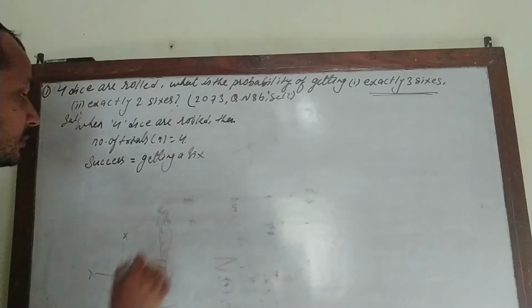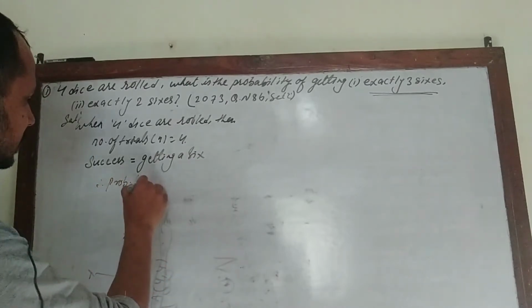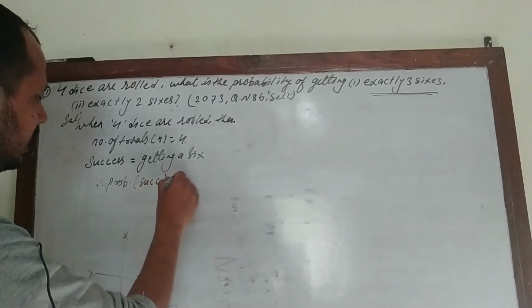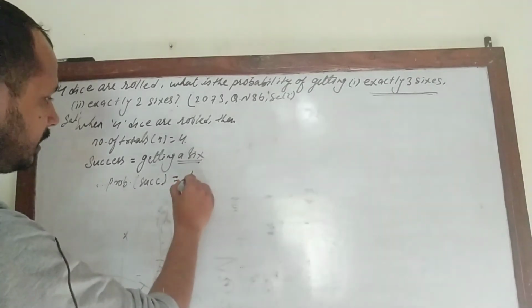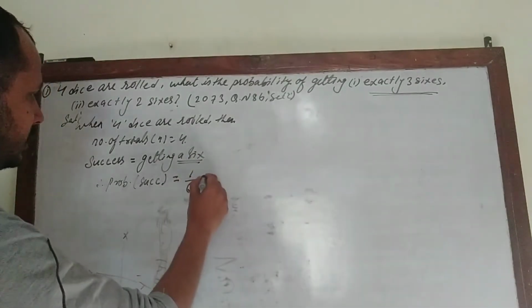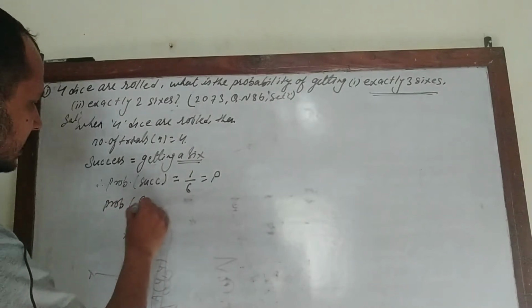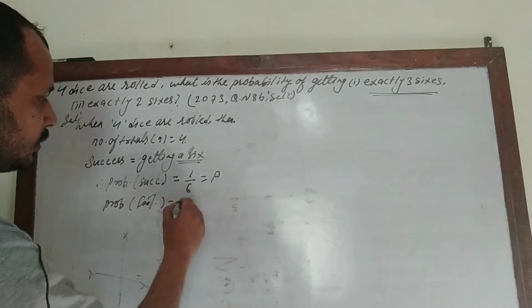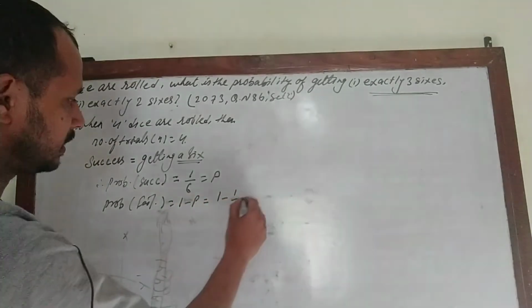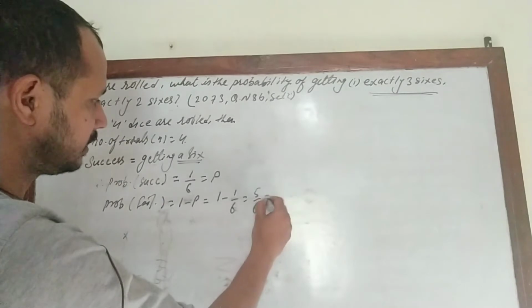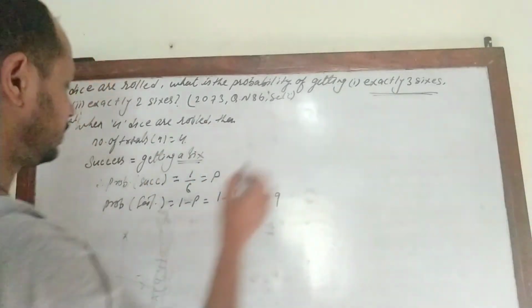Probability of success outcome is the probability of getting a 6, that is 1 out of 6, and this is our p. So the probability of failure outcome will be 1 minus p, that is 1 minus 1 by 6 equal to 5 by 6, and this is our q. And we need 3 sixes.